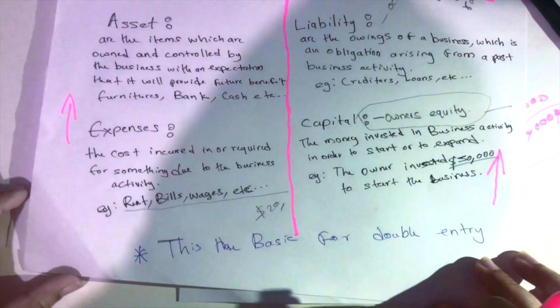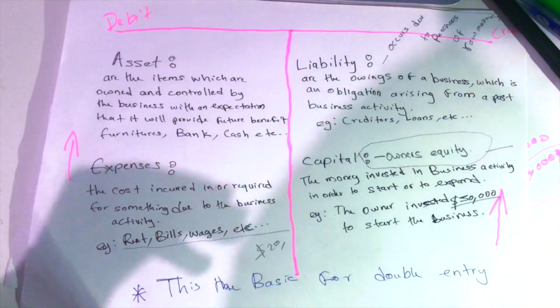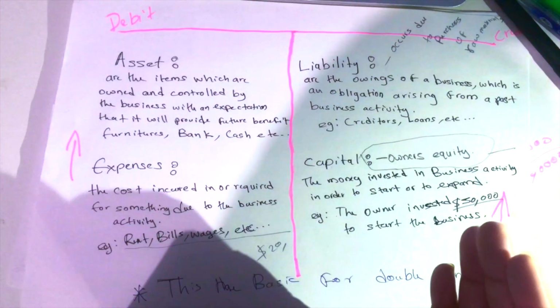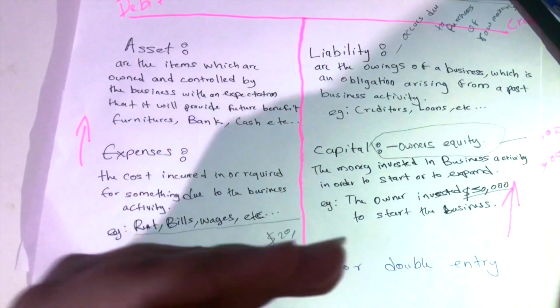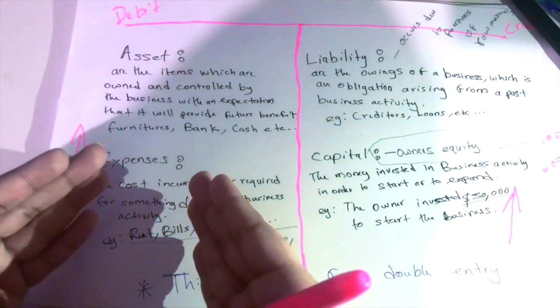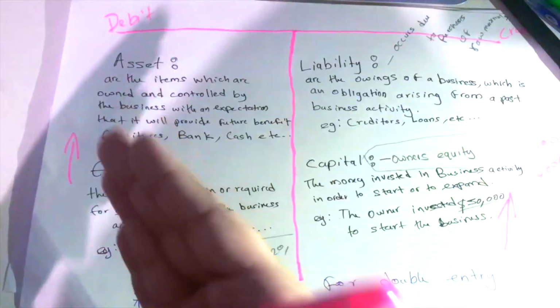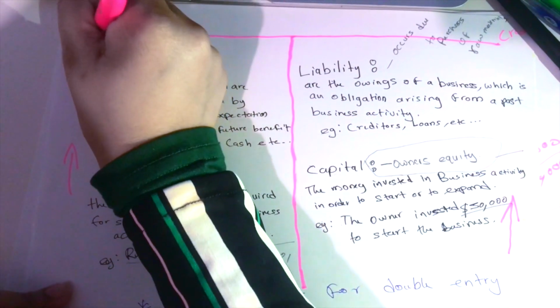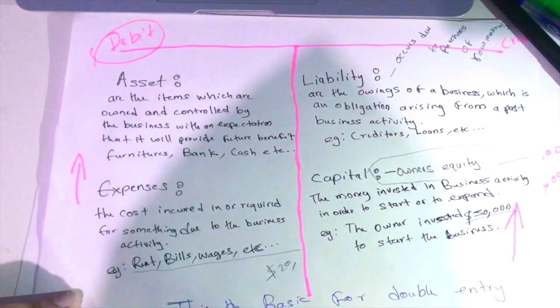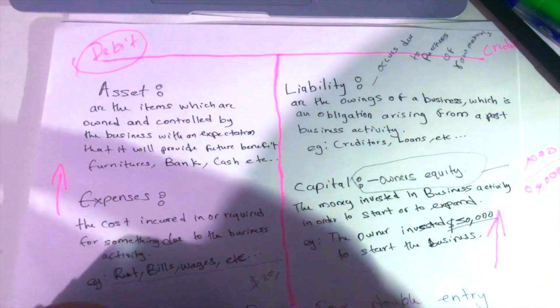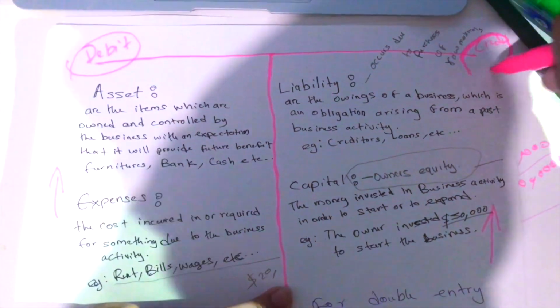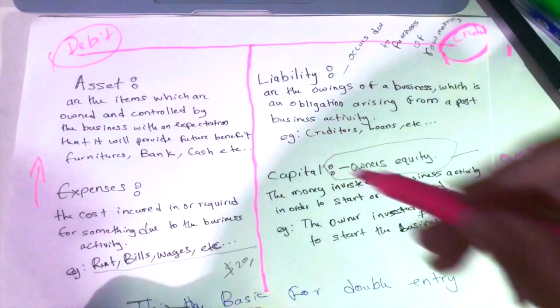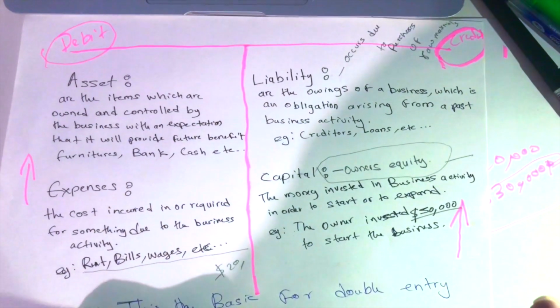For example, when a business purchases furniture, that furniture is coming into the business. Whatever is coming in will be on the debit side. Whatever is going out is on the credit side. So how does your liability increase?